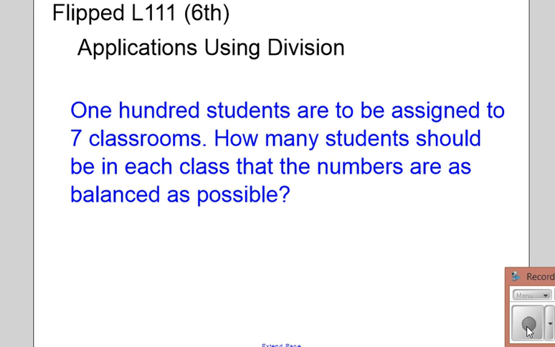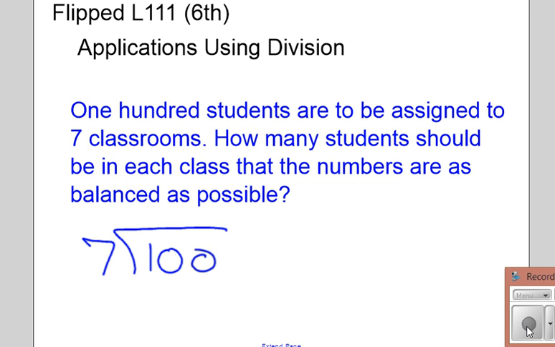Let's take a look at our first example. It says 100 students are to be assigned to 7 classrooms. How many students should be in each classroom so that the numbers are as balanced as possible? We start by looking at the division. There are 100 students, and we want to divide them into 7 classrooms.